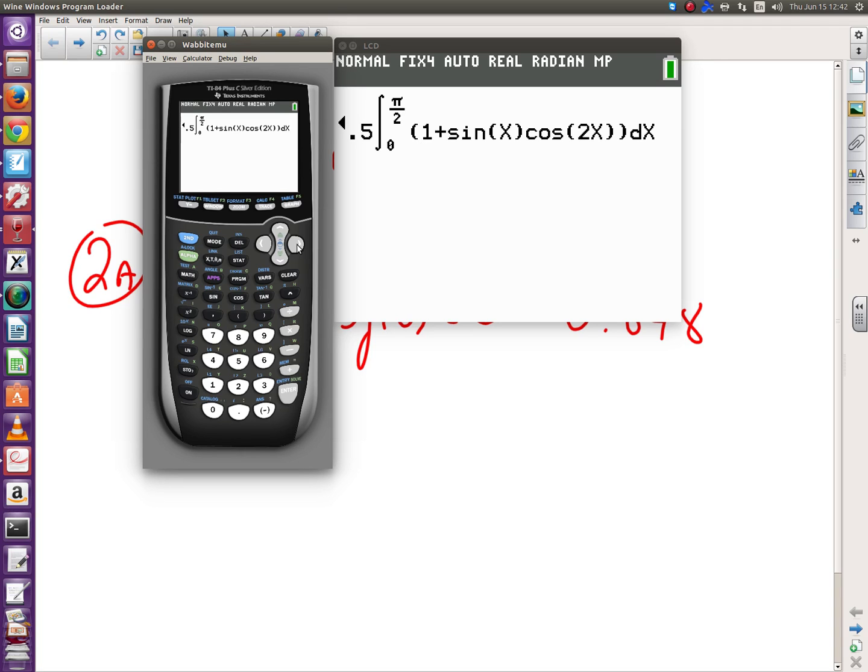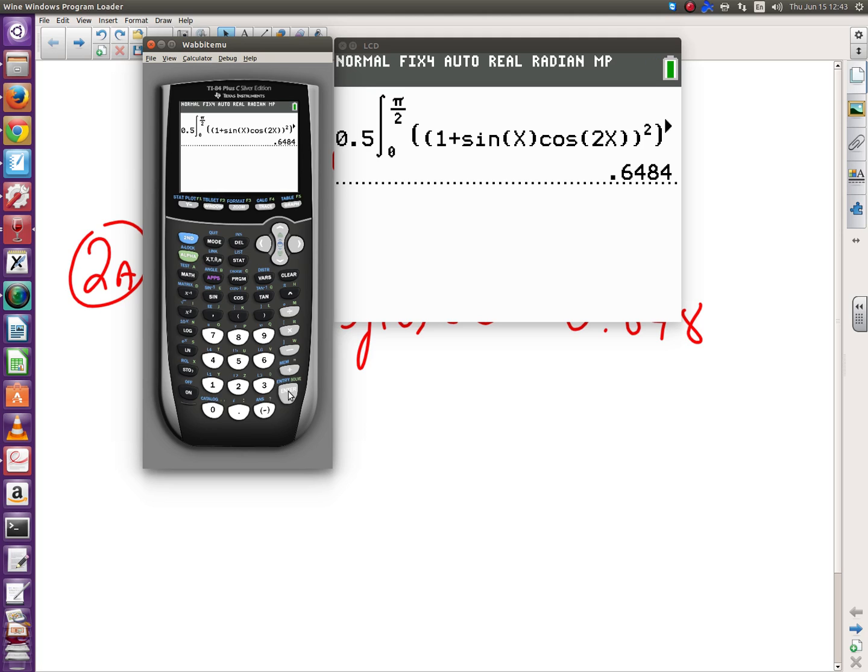I'm going to need another set of parentheses. Second insert open, second insert close, and squared. Now we're squaring the quantity and all of that with respect to x, and we got 0.648, which is what we expected. Perfection. All right, let's go back to the question.